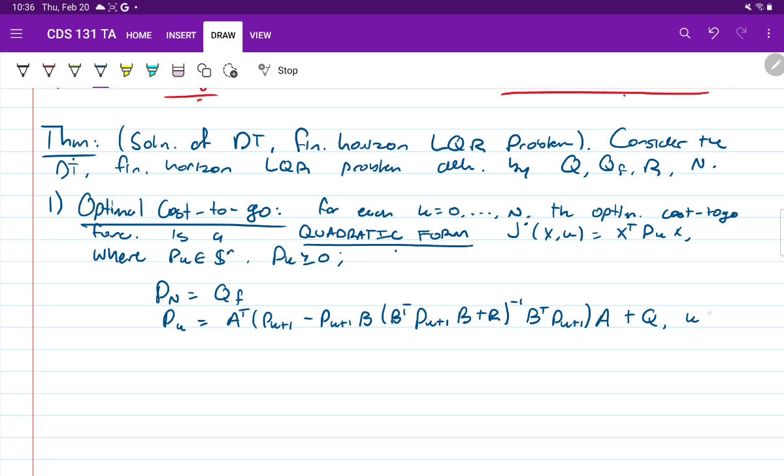Where this holds for all k between 0 and N minus 1, okay?